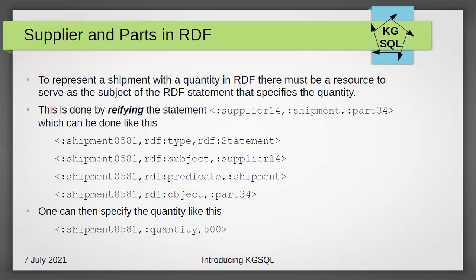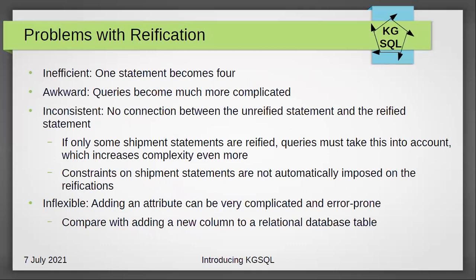But now, because shipment is a resource, we can then give it a quantity. Okay, we can specify the quantity associated with this shipment. So now we can take care of this problem of not being able to associate the quantity to a shipment.